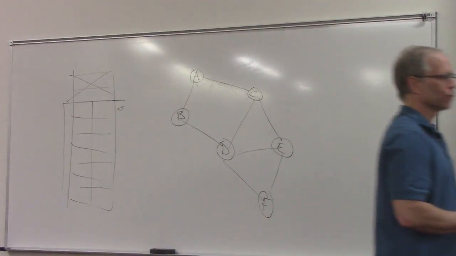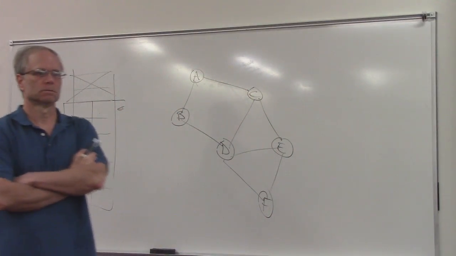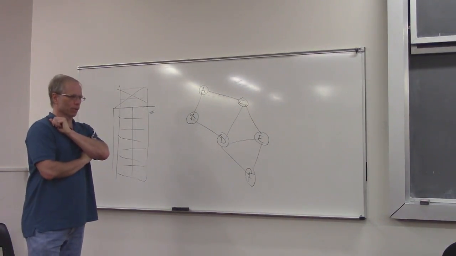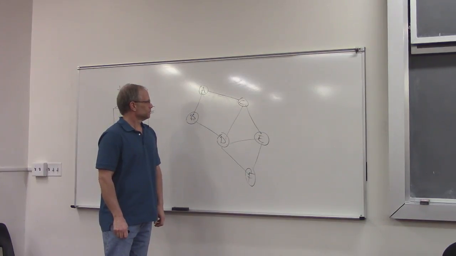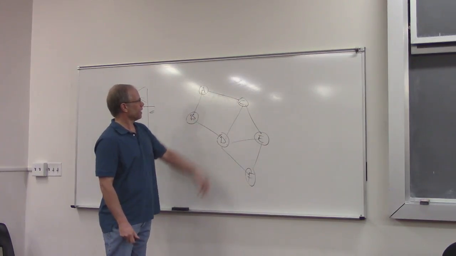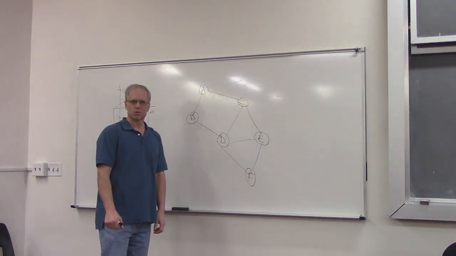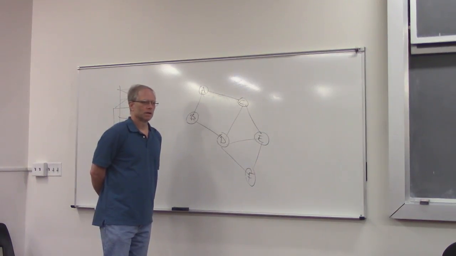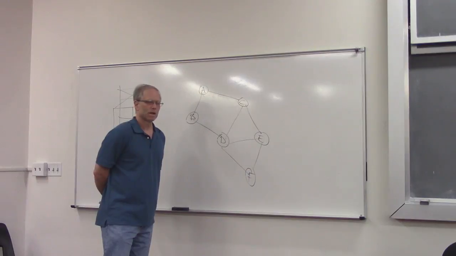That's the optimization version. What would be the search version of this problem? Is this set an independent set? That would be the decision version. The decision version would be, given a graph, does it have an independent set of size at least 3? What would the search version be? Given a graph and a number n, give me back an independent set of size at least n.